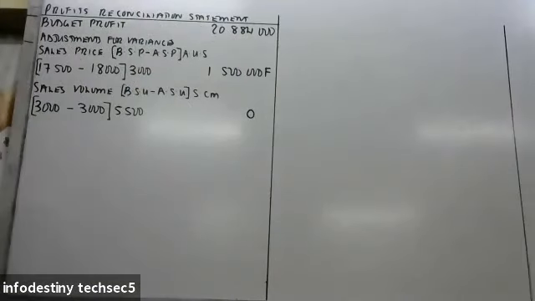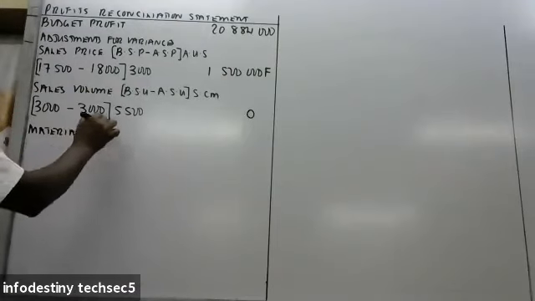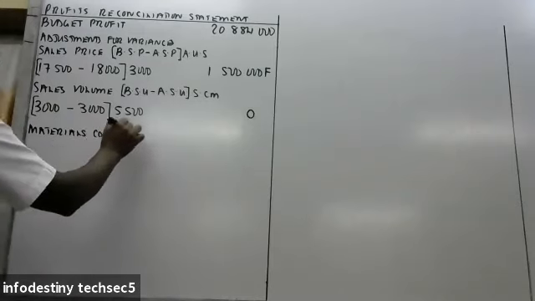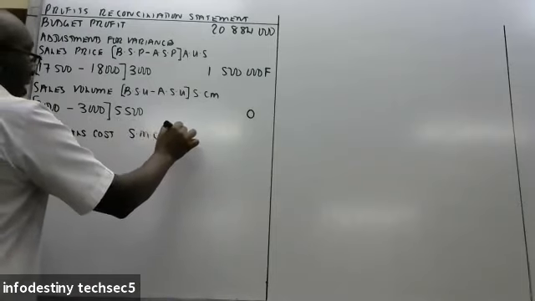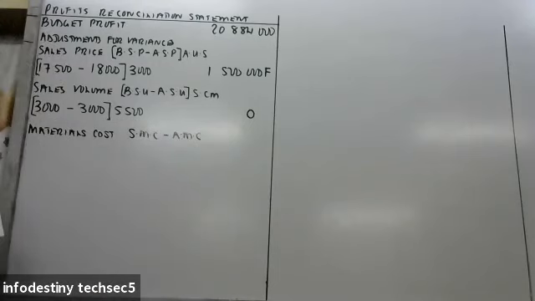The next one is material costs. Material cost variance is given as standard material costs minus actual material costs.